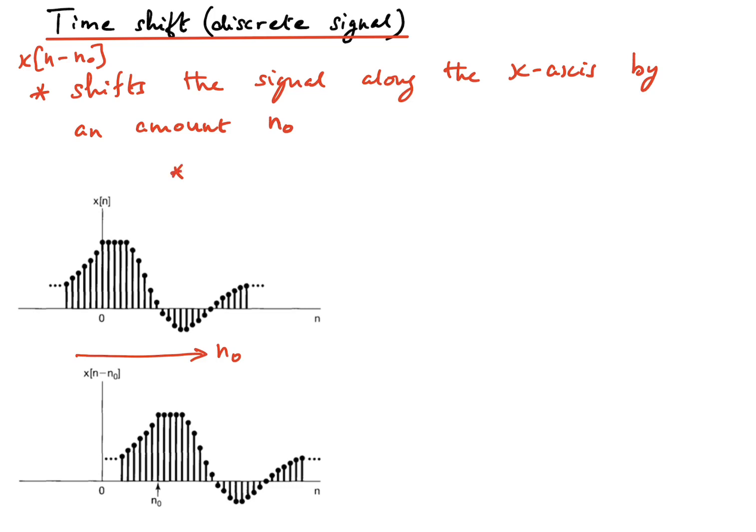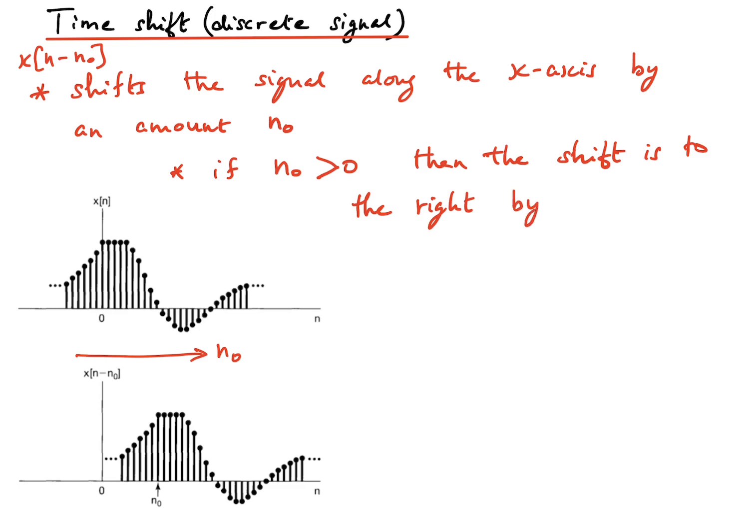Now the second property is that if n naught is positive, that is n naught greater than 0, then the shift is to the right by an amount n naught.